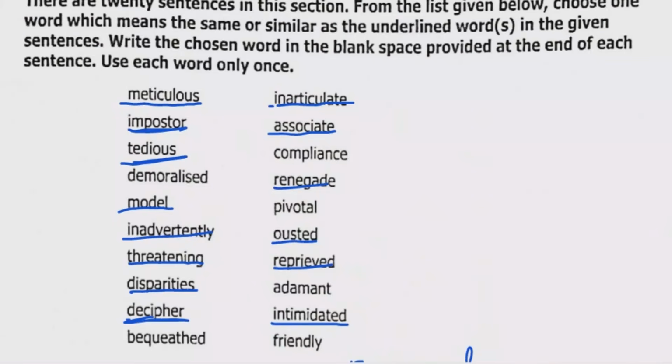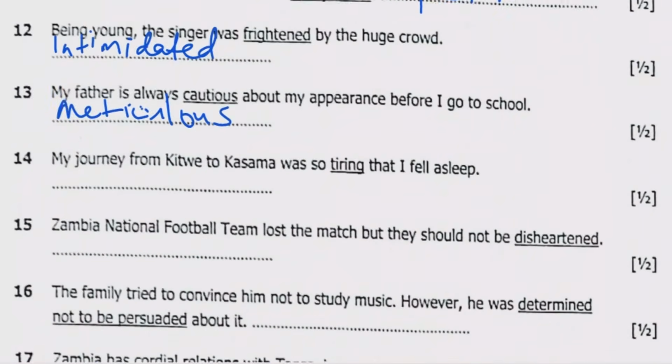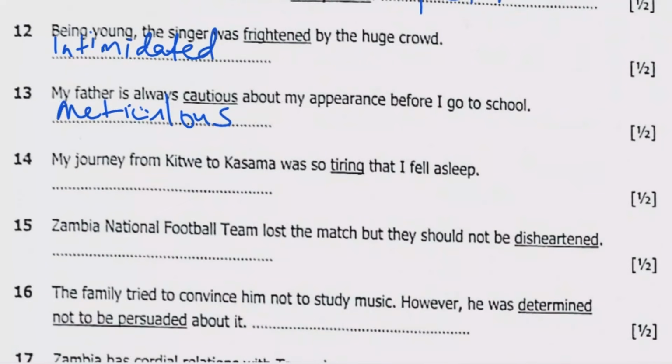So if you say I did a tedious job, that means I did a tiring job. So here we're going to write tedious. Here is the T. Okay, tedious. That is tiring.